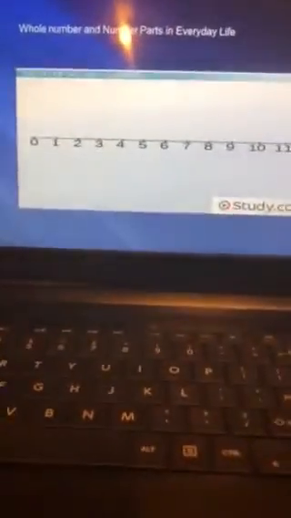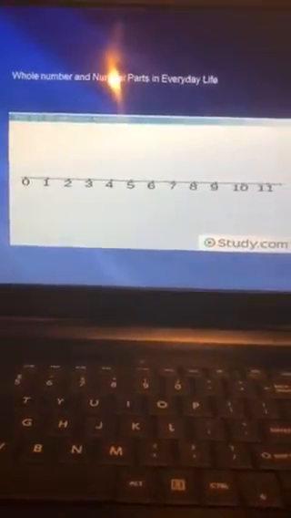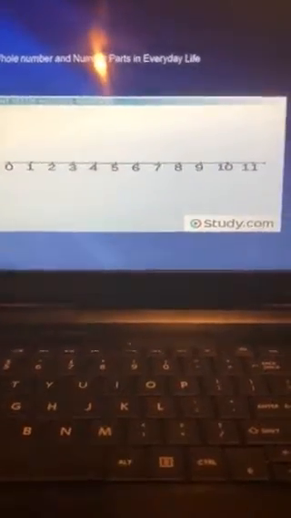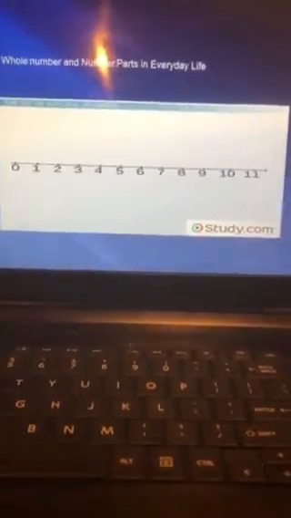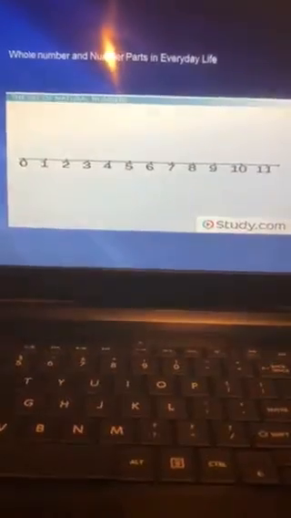In part, you also want to make sure that you know the difference between your whole numbers and your number parts in your everyday life. For each set of whole numbers, they're going to call it your natural number. So those would be the numbers that you learn throughout your life. Your number parts. So middle school, elementary school, preschool, kindergarten, you learn to count.